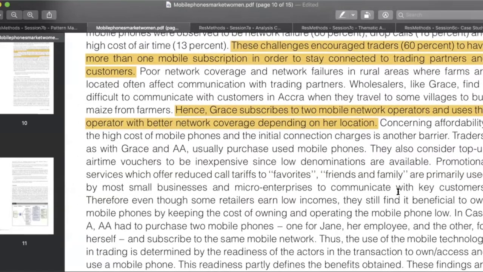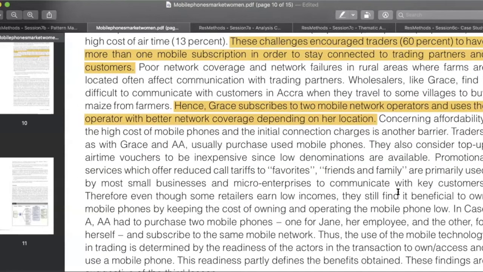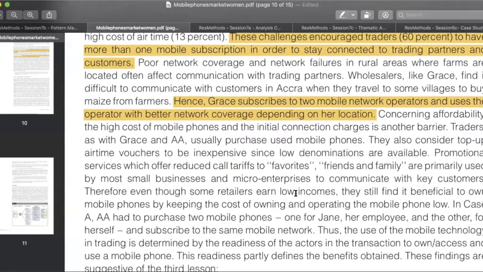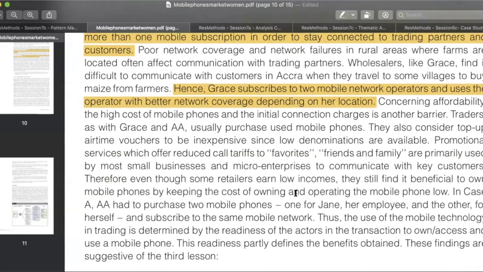Concerning affordability, the high cost of mobile phones and initial connection charges is another barrier. So now you have seen the access barrier and the affordability barrier. Traders like Grace and AA, AA is the tomato retailer, usually purchase and use mobile phones. They also consider top-up airtime vouchers to be inexpensive since low denominations are available.